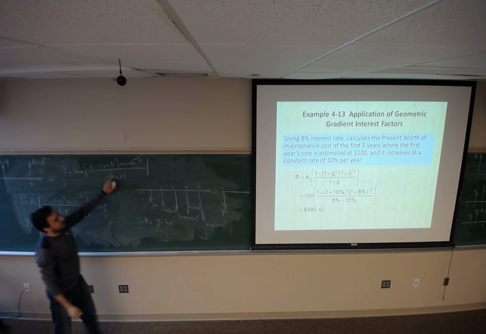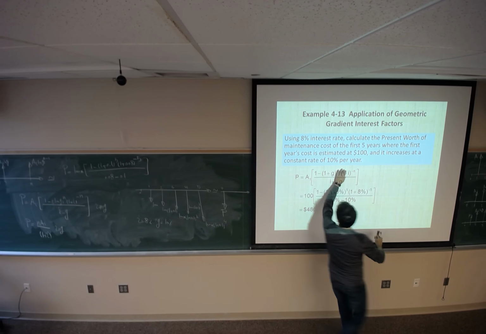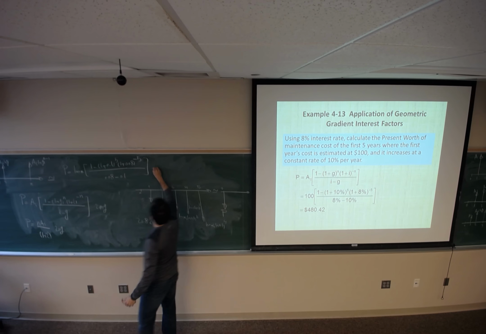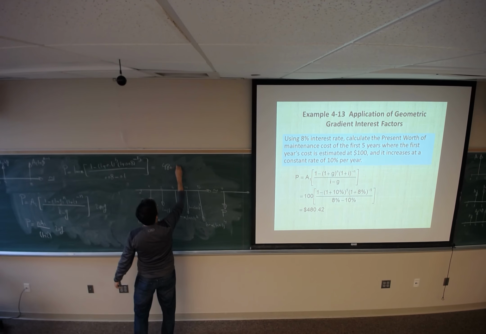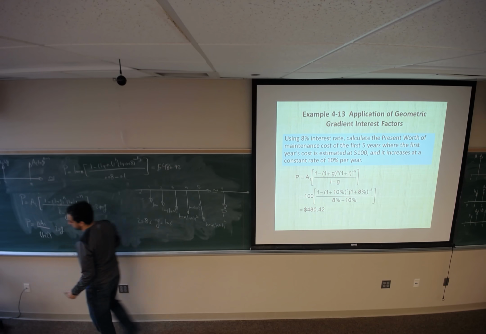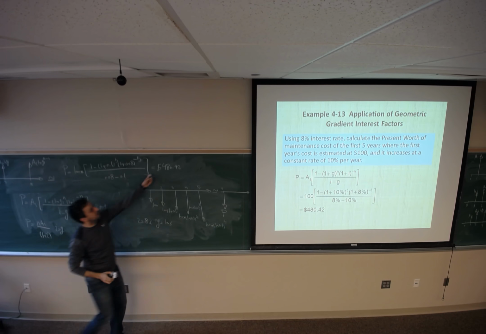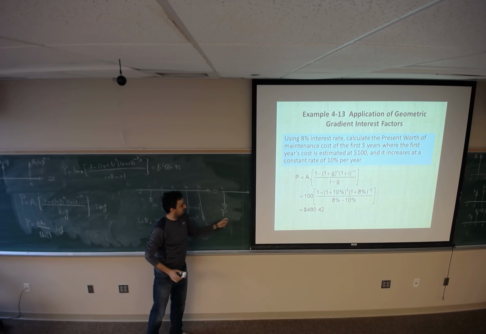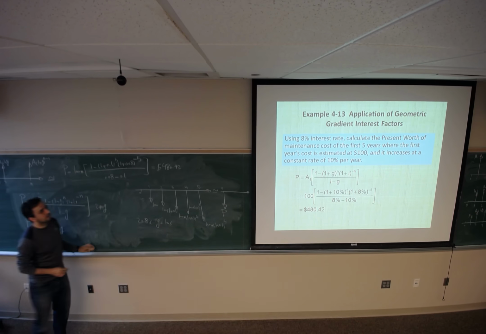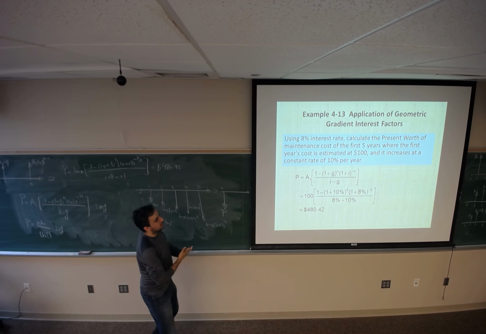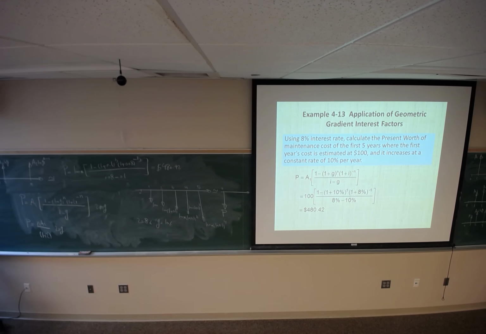You will get a negative here and a negative on top. If you do the calculation, you will get $480.42. So for the next 5 years, the maintenance cost has a present value of $480 at this interest rate. Good? All right.